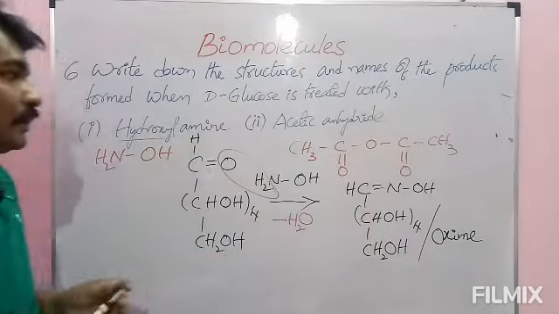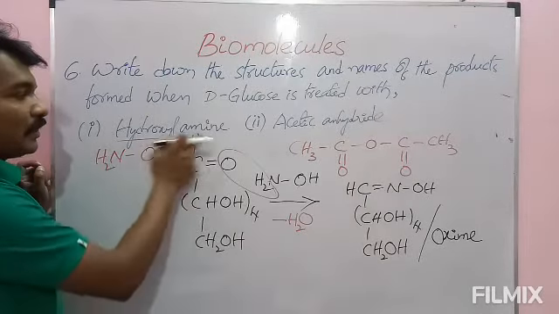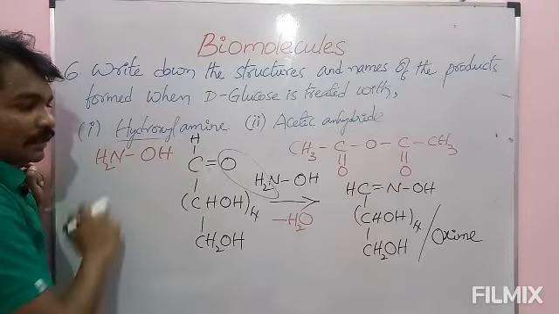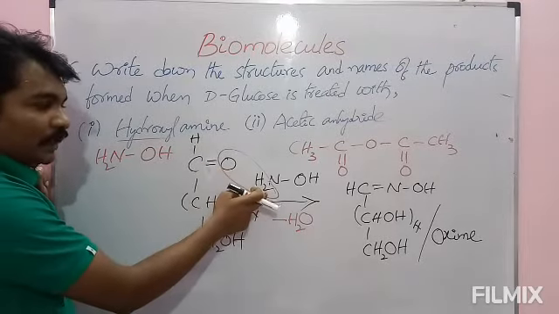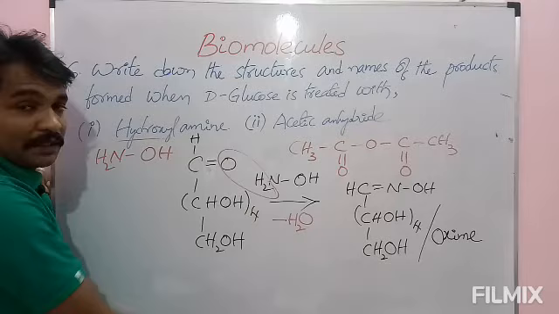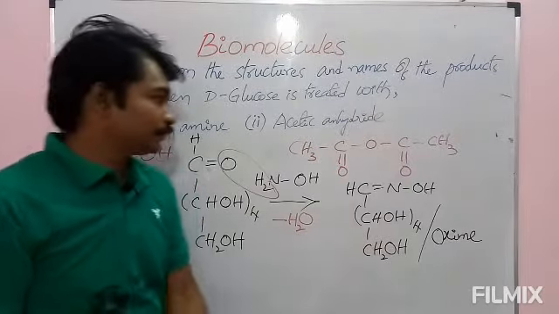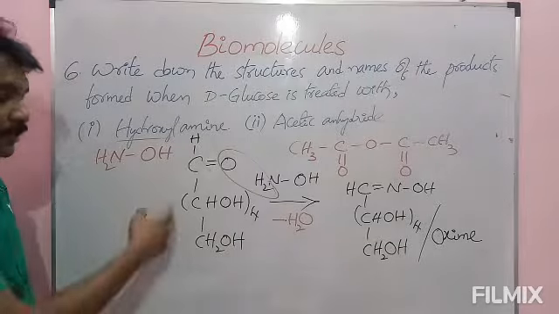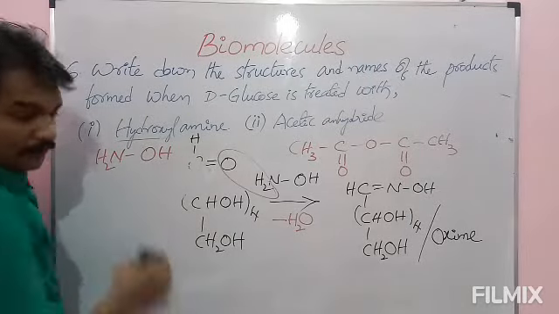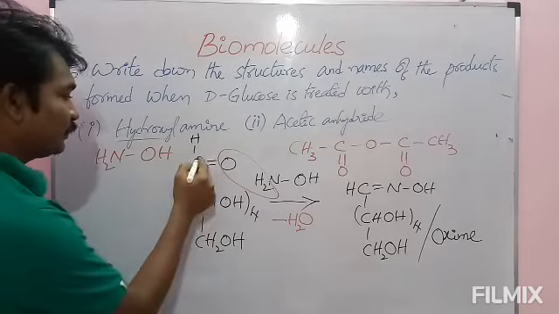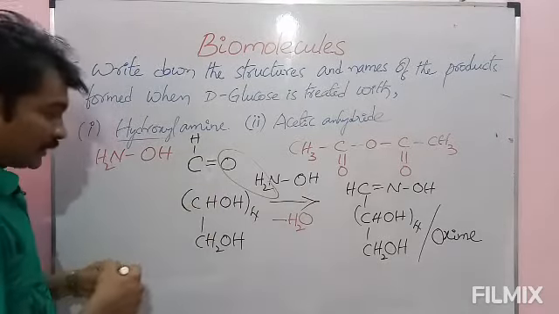Oxime is obtained when glucose molecule is treated with hydroxylamine, and the oxygen of the aldehyde group and hydrogen of hydroxylamine are eliminated as water. As a result we get oxime from glucose. Please note down this one. No need to rub this one because we will use it for the next reaction.